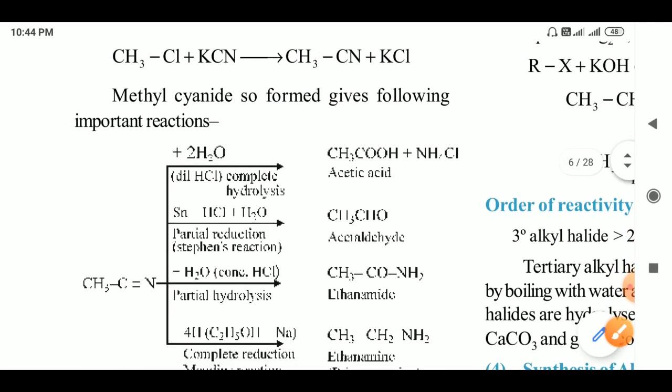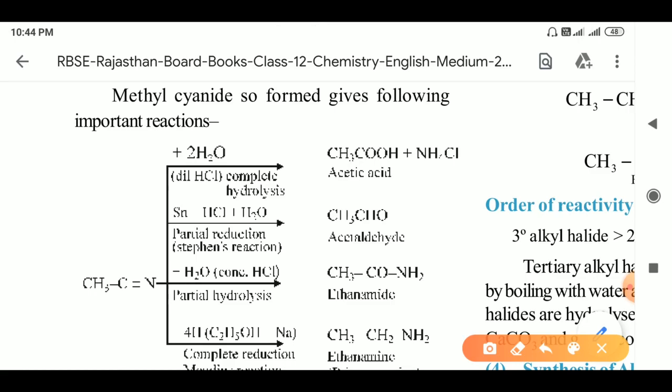Now methyl cyanide is formed. What are the main important reactions of methyl cyanide, CH3CN? First, complete hydrolysis. Hydrolysis means reaction with water; if we react any substance with water, that reaction is known as a hydrolysis reaction.